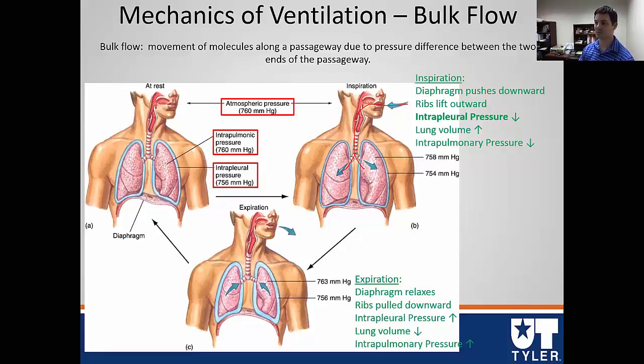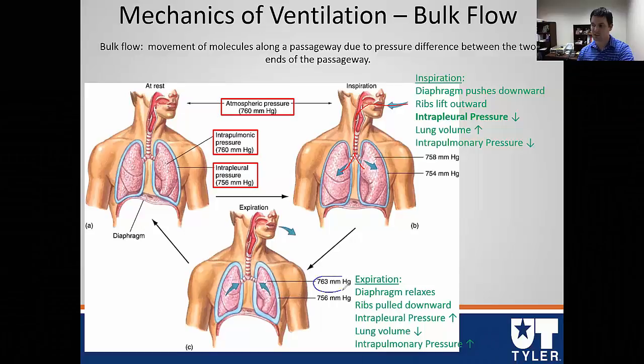It'll fill the lungs until the pressure inside, due to the air being there, is equal to atmospheric pressure. During expiration, the diaphragm relaxes, and the connective tissue that holds these together allows the ribs to be pulled in and downward, which will ultimately cause an increase in intrapleural pressure from 754 back to 756 millimeters of mercury, which then causes the lung volume to go down, resulting in an increase in intrapulmonary pressure.